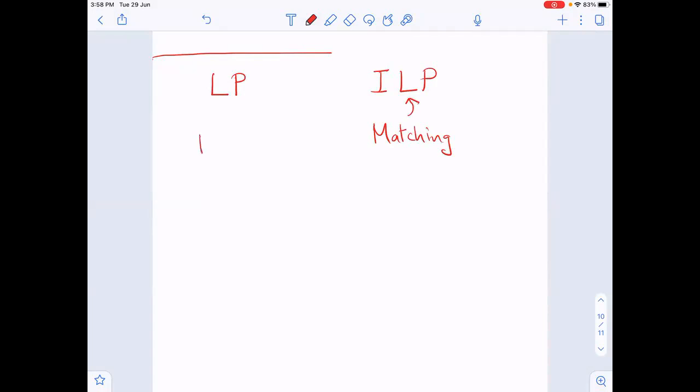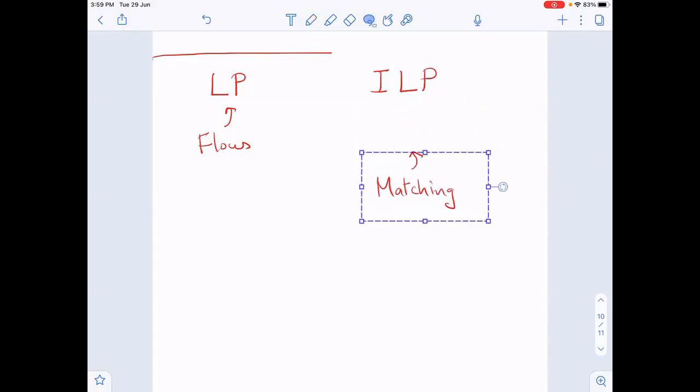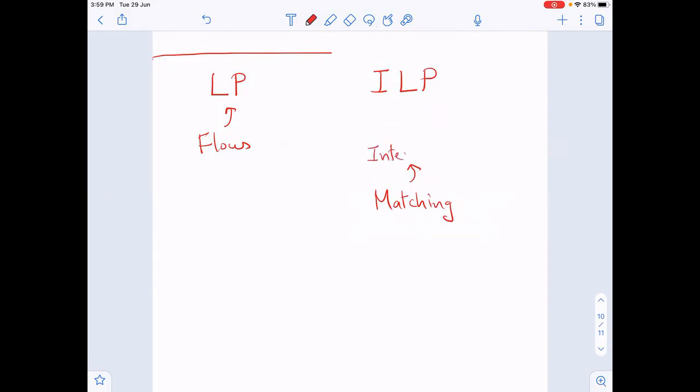And we have this concept of flows. This could be reduced to LP. But the reason ILP came up in the picture is actually that matching could be reduced to something called an integer flow, which could also be reduced to ILP.